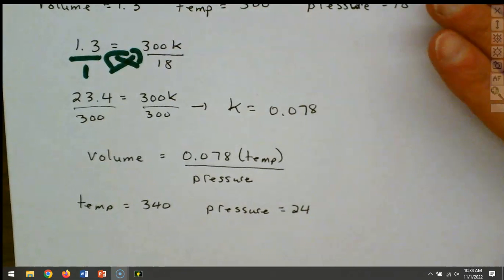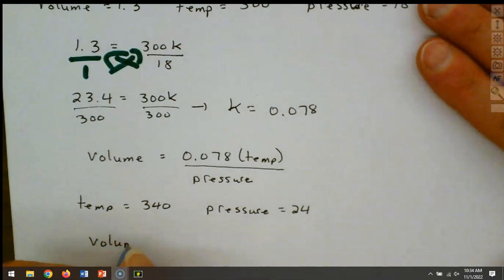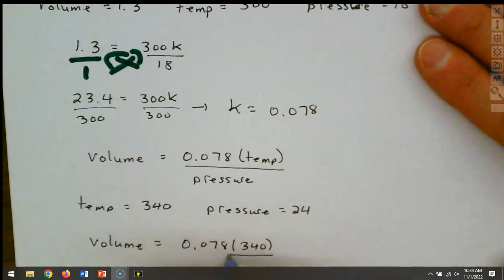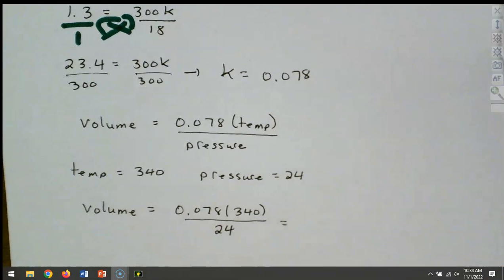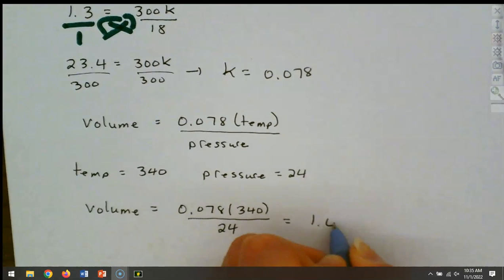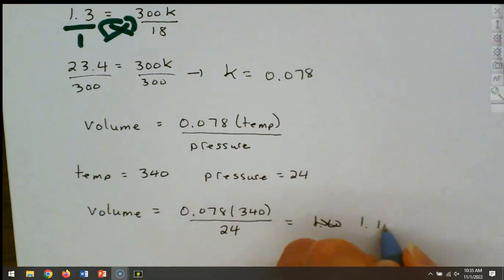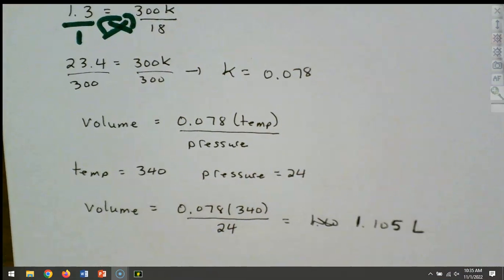Plug our values in, calculate out our new volume. And calculate all of that out, and let's see what we get. So multiply that by 340. That's my new temperature. Divide that by our 24, and that comes out to be 1.105, and that's going to be in terms of liters.